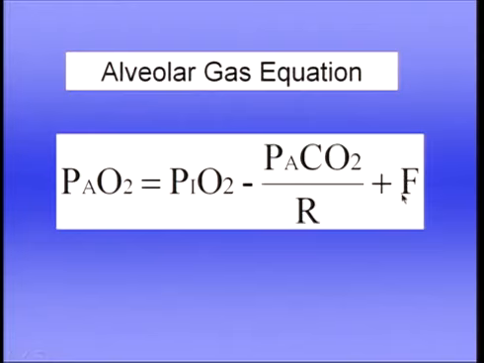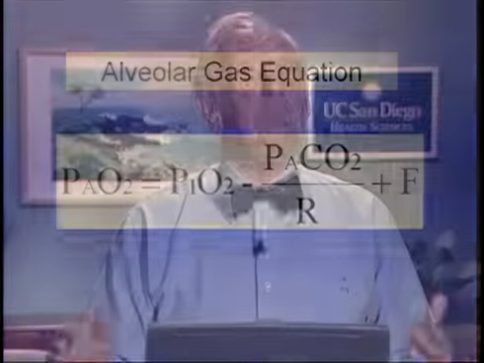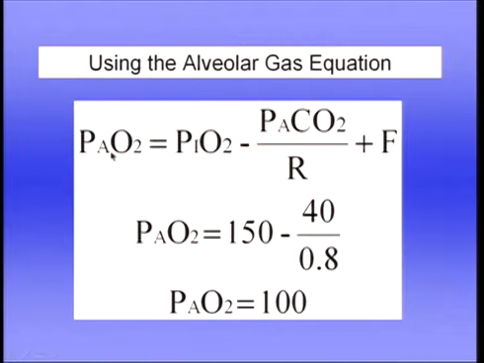So let's use this alveolar gas equation to calculate what the alveolar PO2 is under normal conditions. Here we have it. The alveolar gas equation, as we said, is the alveolar PO2 equal to the inspired value minus the PCO2 divided by R, with a small factor we're going to ignore. So the PCO2, we said, under normal conditions is 40 millimeters of mercury, and it turns out that the normal respiratory exchange ratio at rest is about 0.8.